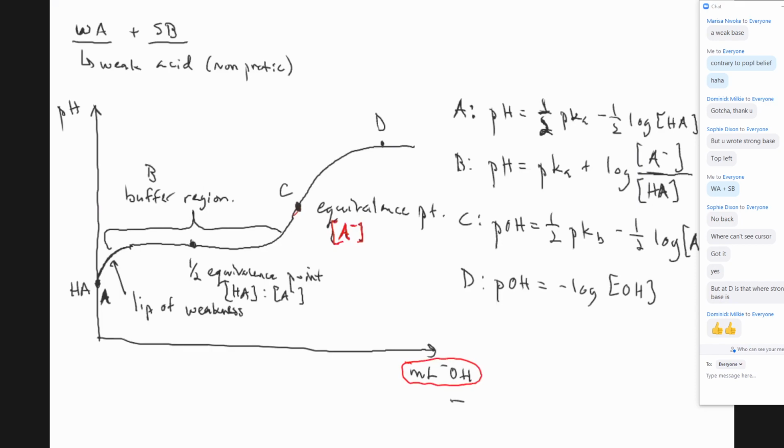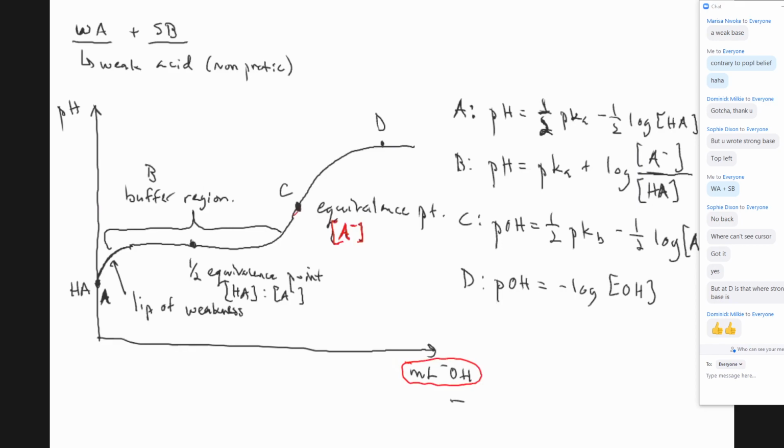So if you were doing this in chem lab and you were doing a titration and you added all this extra NaOH, well, your solution is now ruined, right? This is why your teacher's like, start over. Because now all you have is OH minus in your solution. And you can't find out where the buffer was, and you can't find out where equivalence point was, and all that stuff, right?